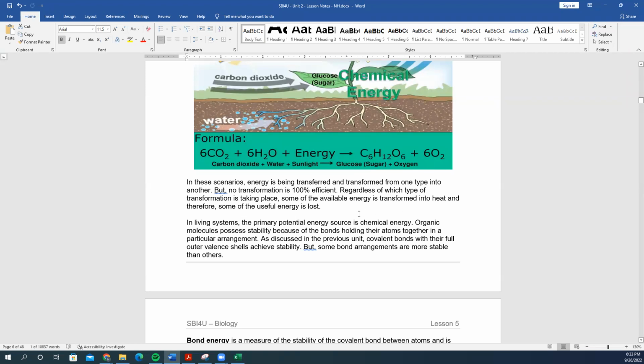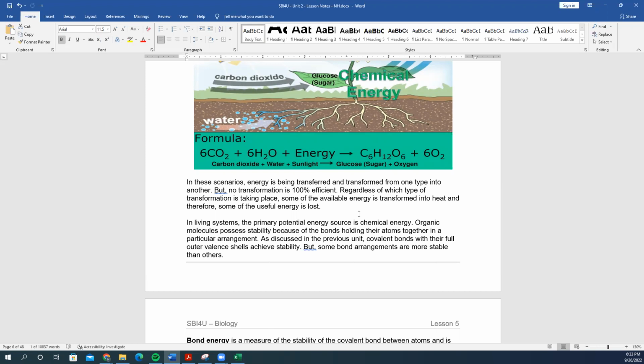And in these scenarios, energy is really being transferred and transformed from one type into another. Remember, it is not being made, it's not being destroyed, it's just being transformed from radiant energy to chemical energy.